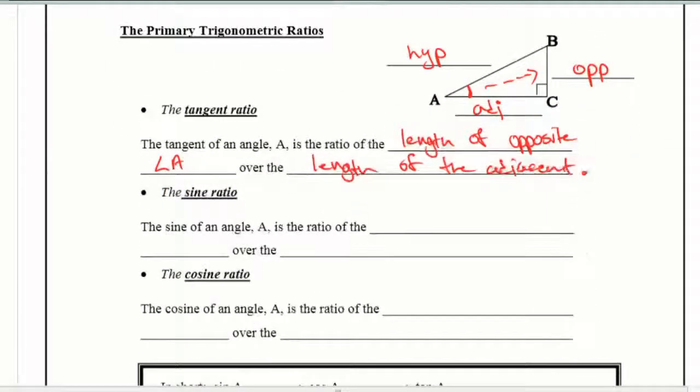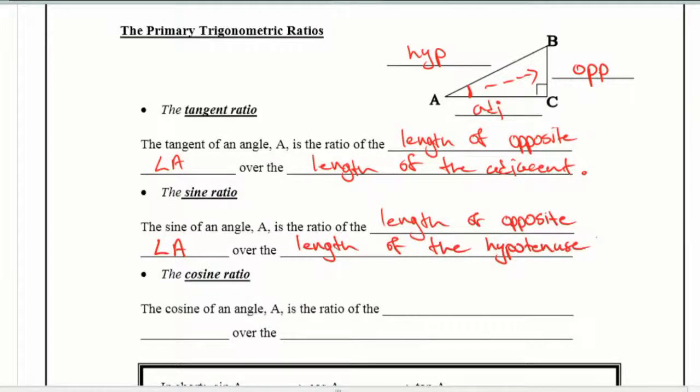And it turns out the sine of angle A, or the sine ratio, is the length of the opposite. And when we're talking about the sine, we're going to divide it by the length of the hypotenuse. So the length of the opposite divided by the hypotenuse gives us the sine.